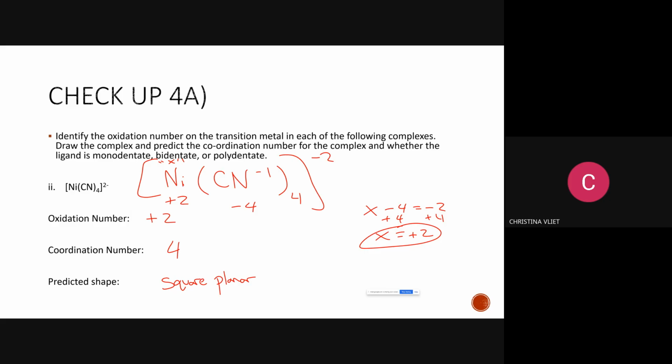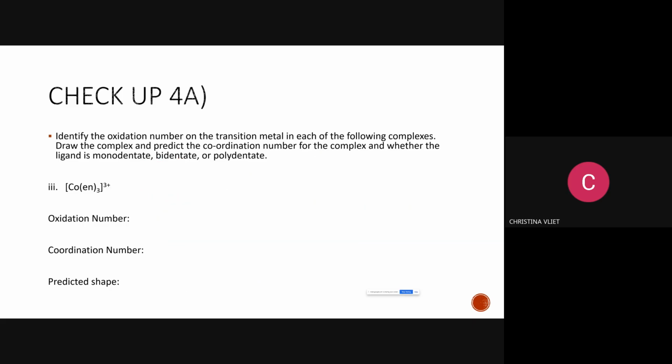Yes. You can scan it, yes. All right, this one, Co(en)3, oxidation number. The 0 or in blue? +3. Ethyl has no charge. This is H2N, CH2, CH2, NH2, no charge.